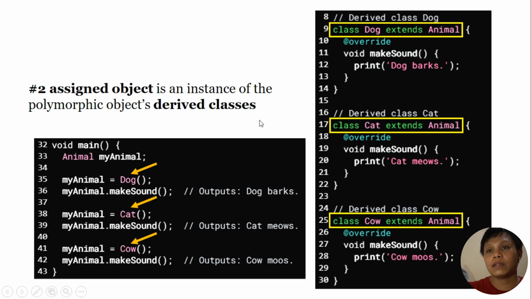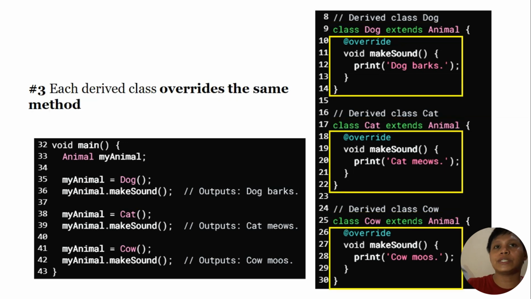Okay. And lastly, how we are able to achieve a polymorphic behavior is each derived class, the Dog, the Cat, and the Cow, overrides the same method. So notice, pare-pareho sila na in-override. The Dog overrides makeSound, Cat overrides makeSound, and Cow overrides makeSound.